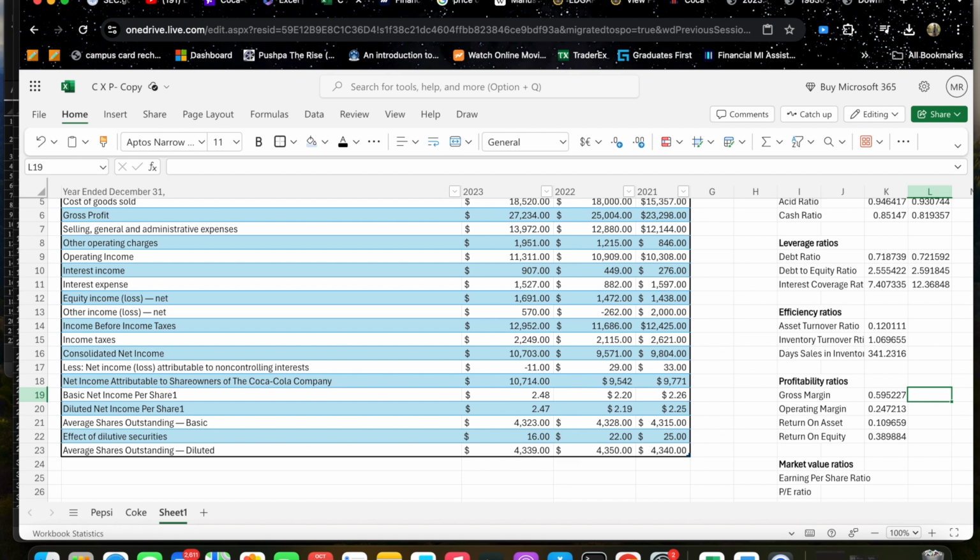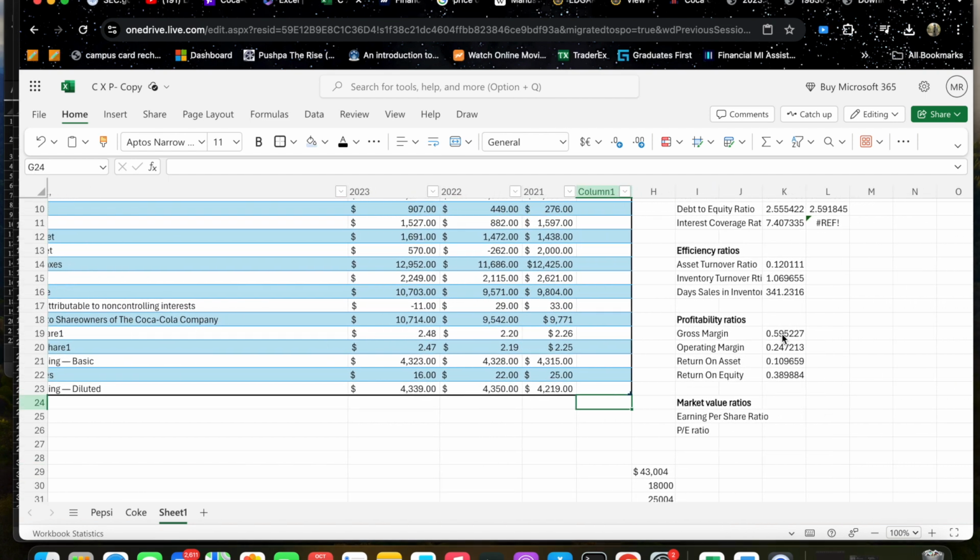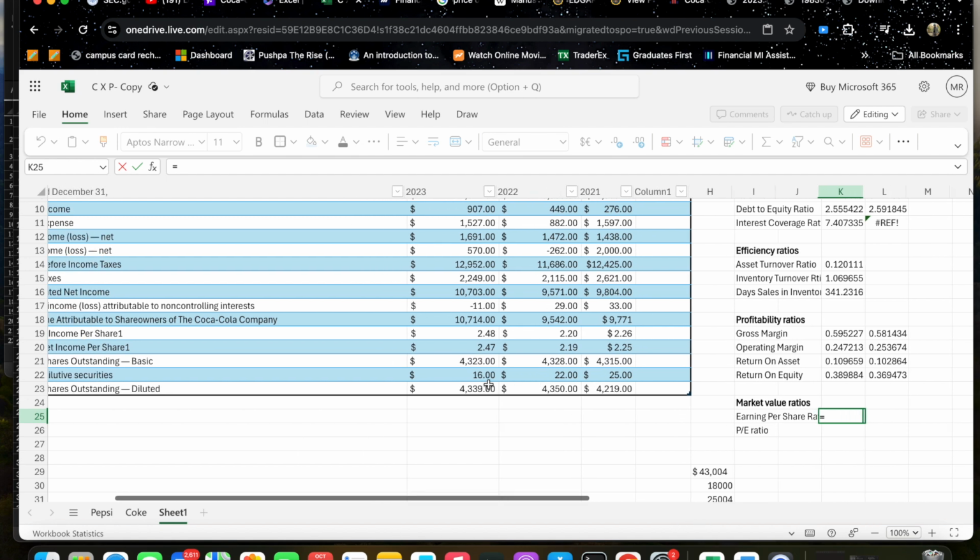All right, let's sort it out. So here I have sorted the data, made it just the value, and now I think it should let me copy and paste my cell. Yeah, here you go, the profitability ratio.